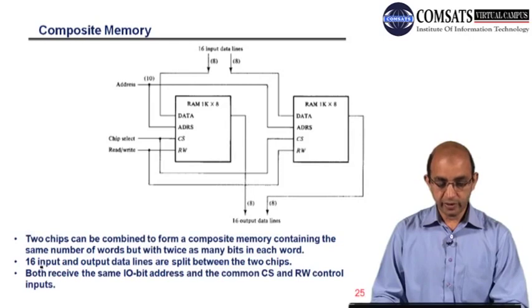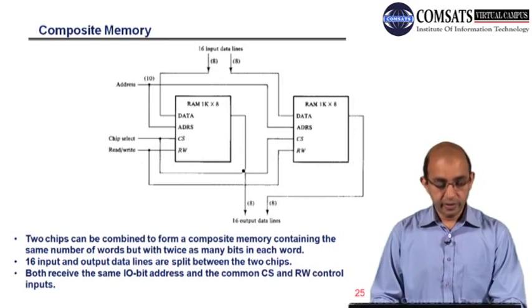The input lines are doubled, and the output lines are also doubled. So the 16 input and output data lines are split between the two chips, with the same IO bit address and a common chip select and read write control. You can see that chip select is the same, read write is the same.